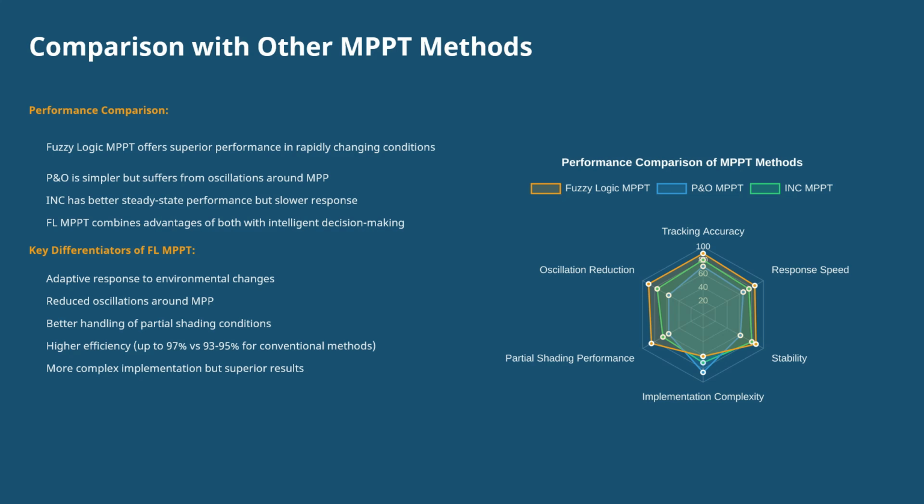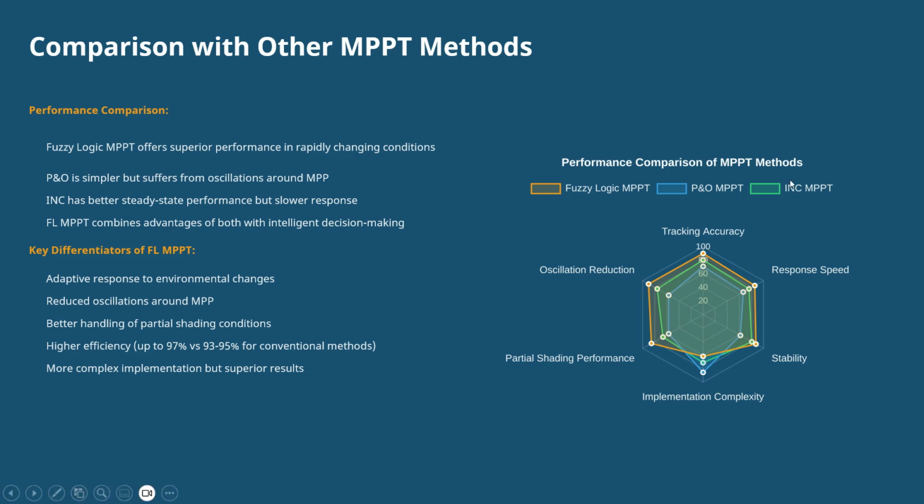It provides efficiency up to 97% compared to 93 to 95% in the case of conventional methods like P&O and INC. Smarter decisions thanks to its human-like reasoning. Reduced energy loss due to quicker settling around the MPPT.